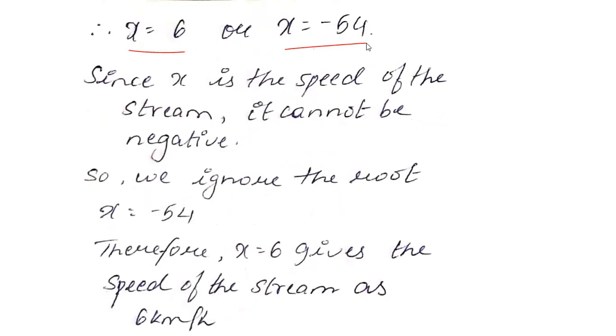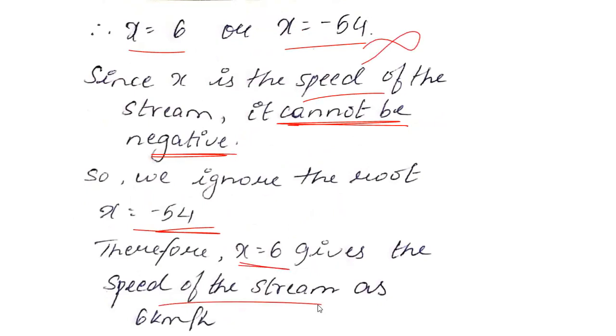One thing, the speed is a scalar quantity and it cannot be negative. So we can ignore 54. So x is equal to 6 gives the speed of the stream, which is what we require.